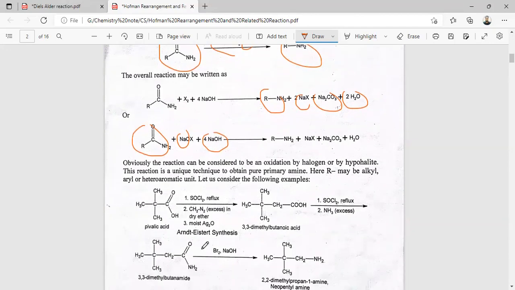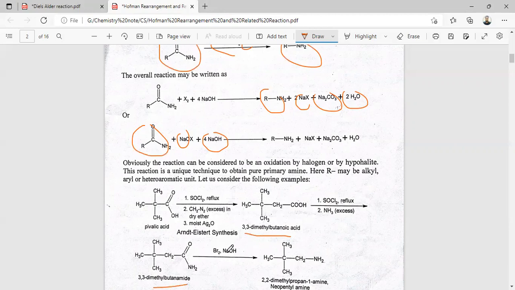Let us consider the following reactions. So here the pimelic acid is converted to the 3,3-dimethylbutanoic acid, reacted with SOCl2 and this azide and this silver salt, the Arndt-Eistert synthesis, to form this acid, and then again the reaction with SOCl2 plus NH3 to form this amide.